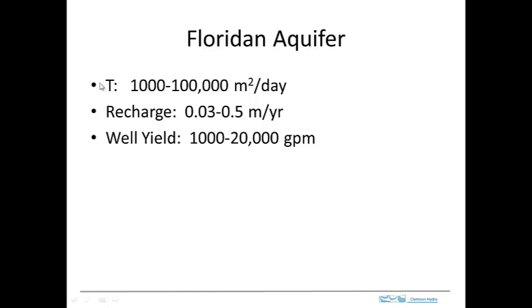And it's so transmissive because in places where you have the aquifer cut with these large conduits, that's going to be about as high a transmissivity as you could get in the subsurface. And the consequence of that is that the well yields are very high, up to 20,000 gallons per minute.